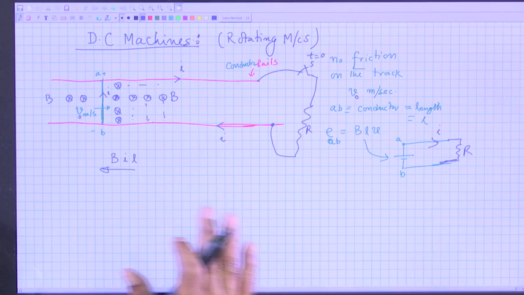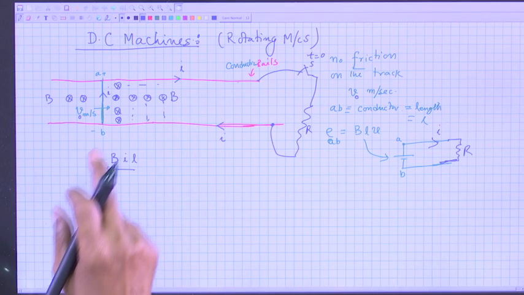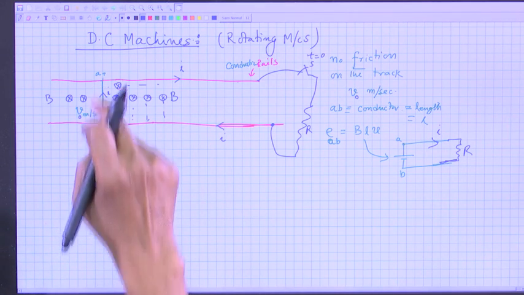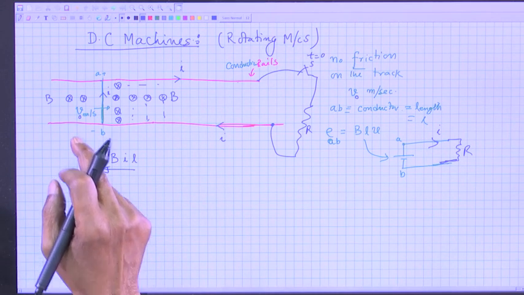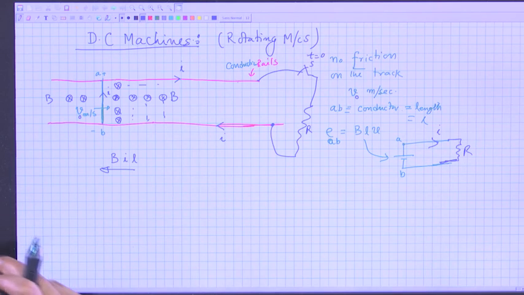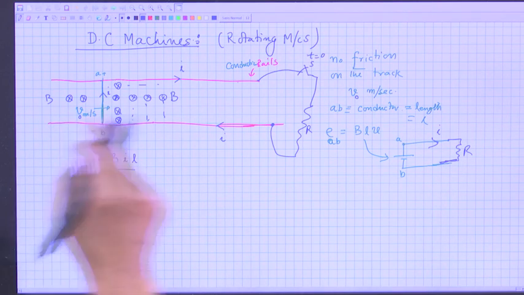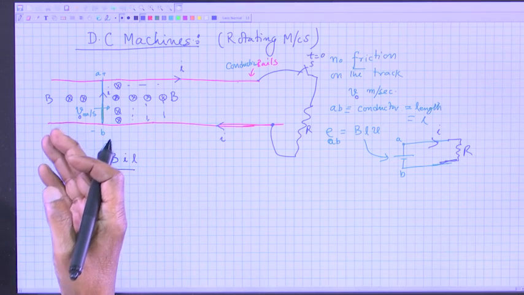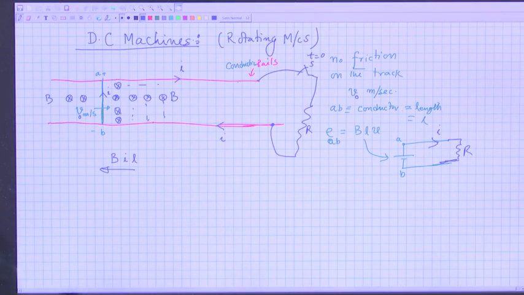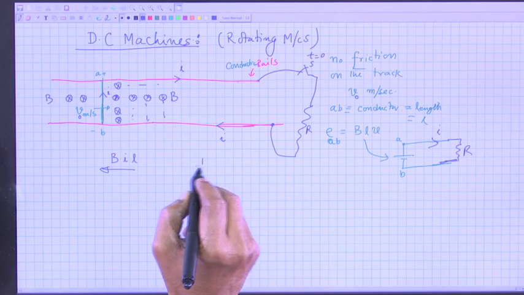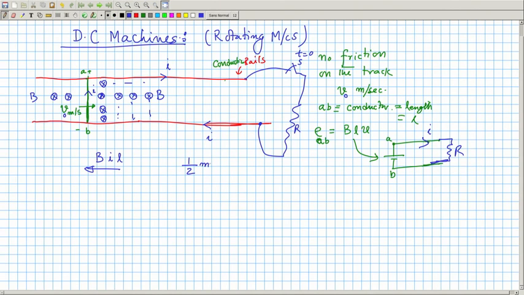Now, what I am trying to tell is that the conductor had an initial velocity v naught, without anybody assisting its motion, and it is also not needed when the switch is open. There was kinetic energy stored in the conductor, half m v naught square, which was somehow imparted.